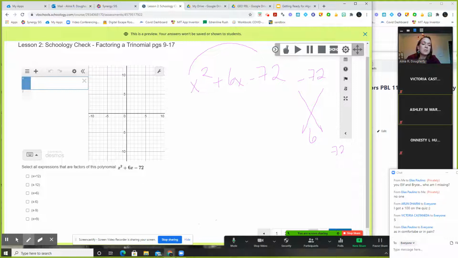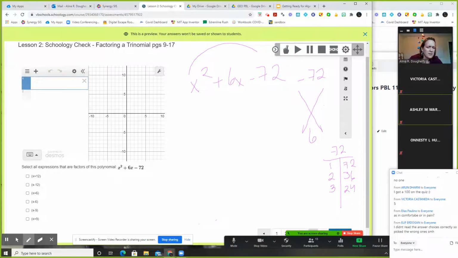So 72, 1 and 72, 2 and 36, 3 and 24. Uh-oh. And then I think we're going to get 6 and 12. And 6 and 12 maybe look like they're going to work. So 6 and 12.